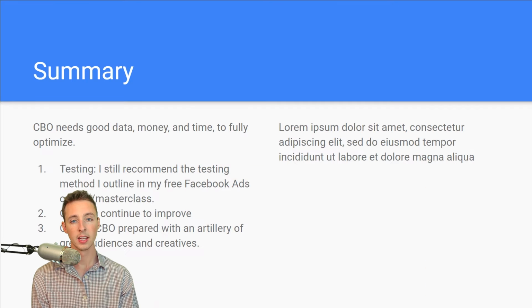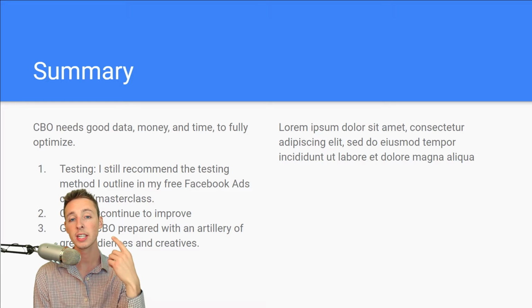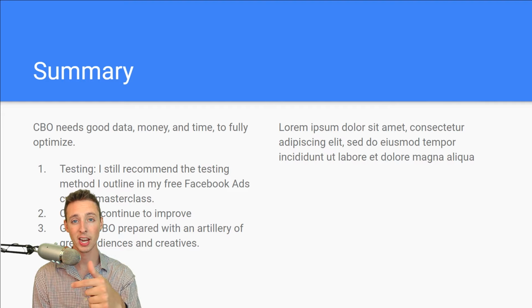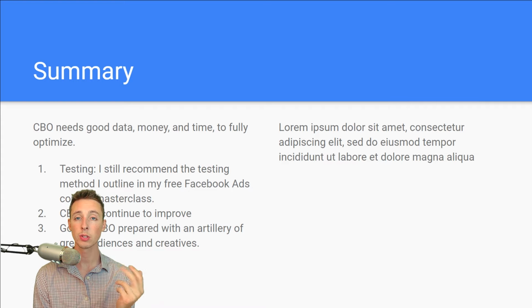So what's the summary here? CBO needs good data, a decent amount of money, and most importantly, time to fully optimize. In terms of testing, I still recommend the testing method that I outlined in my completely 100% free Facebook ads course on my channel. Watch that. That is the cheapest way to test that I've seen so far. Number 2, CBO is going to continue to improve.